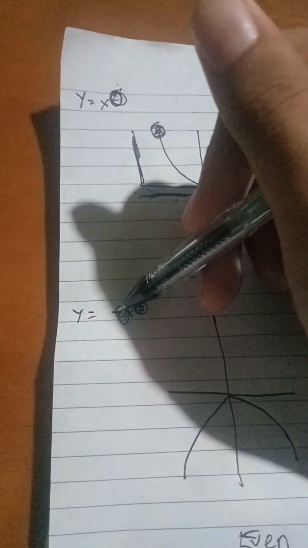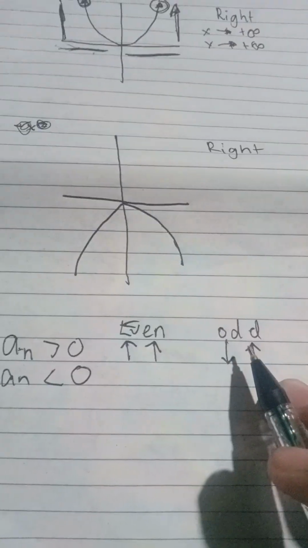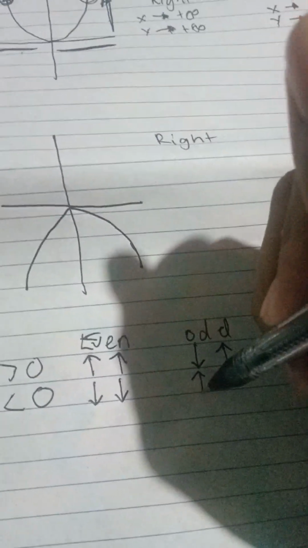And on the other hand, if our leading coefficient is less than 0, this will go down from both sides when even.